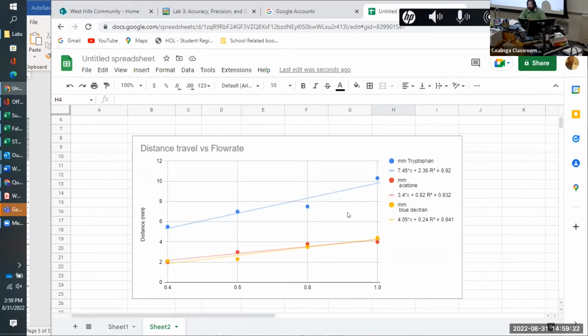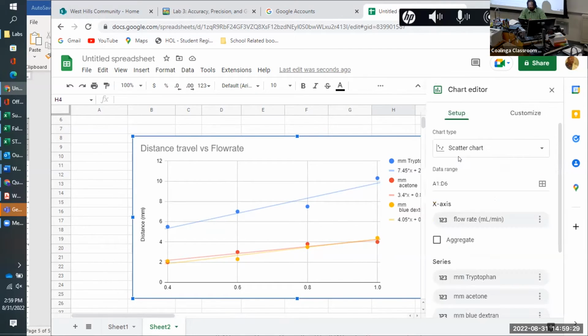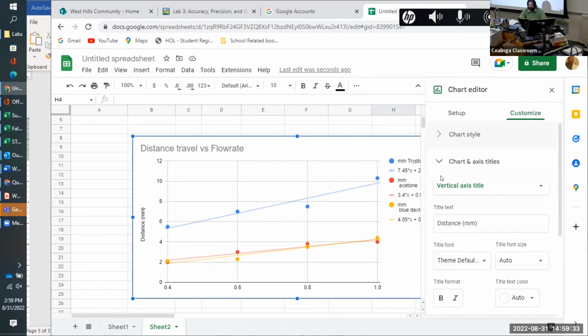Then I would put my x-axis on too. So again, I go to customize chart.